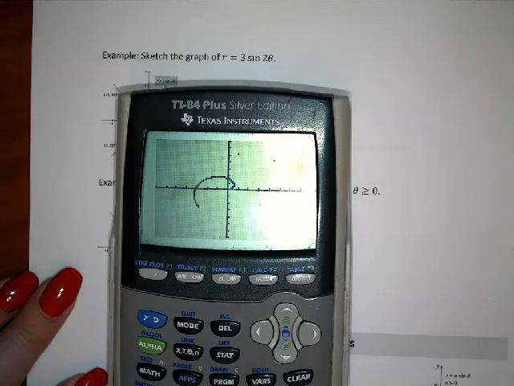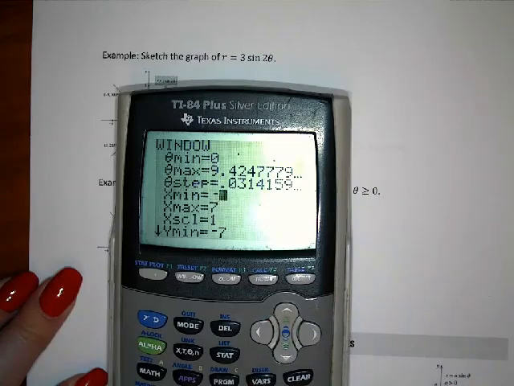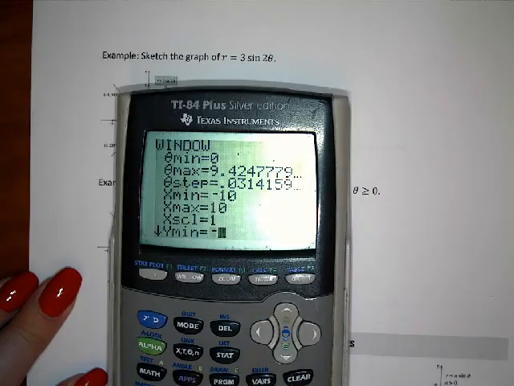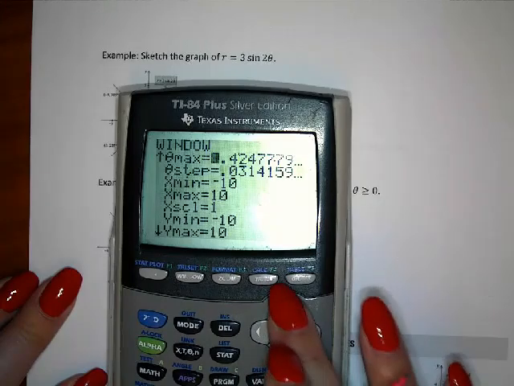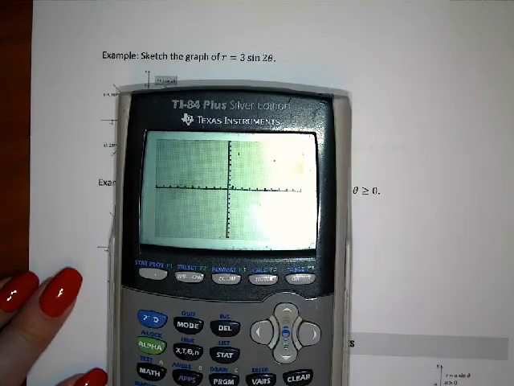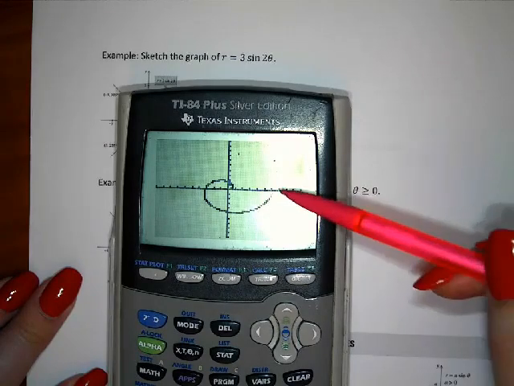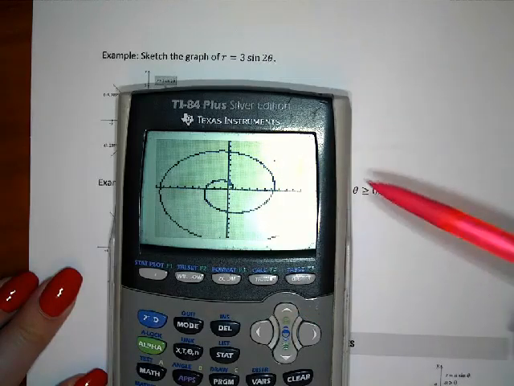If I want to see even more of the spiral, I can make this bigger. And then I can change up here, 3 pi I can change to 4 pi. So here is 2 pi, there's 3 pi, there's 4 pi over here. So you just get to see more and more of the spiral if you make your window bigger.